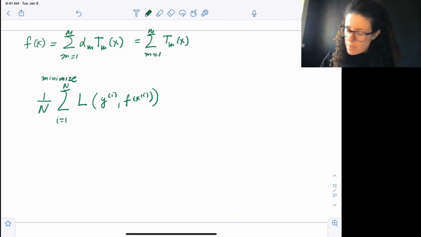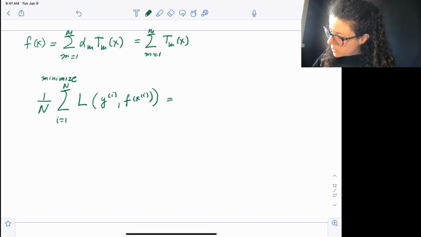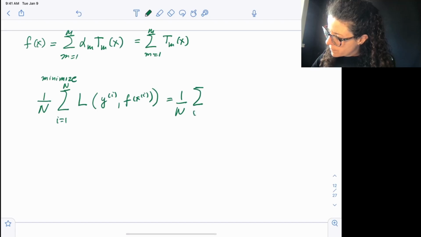In our particular case, because of our assumptions, we're going to have some sums of trees.